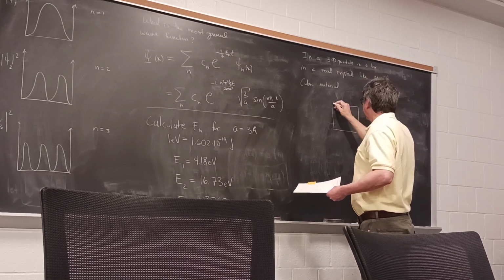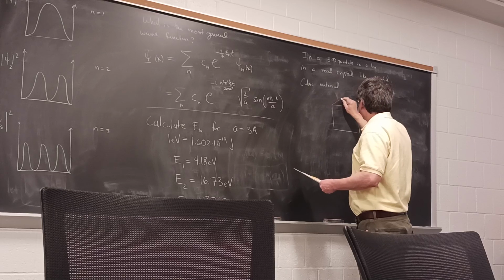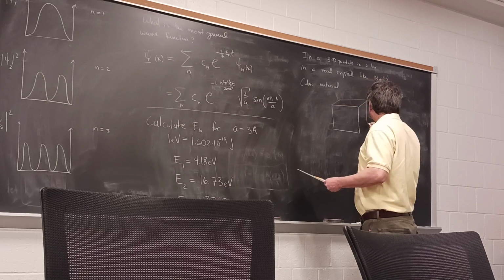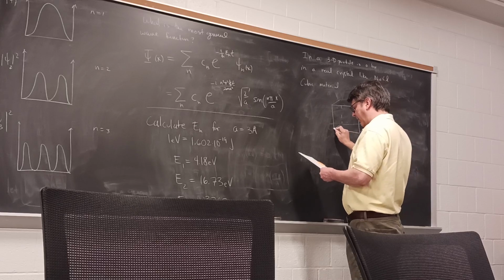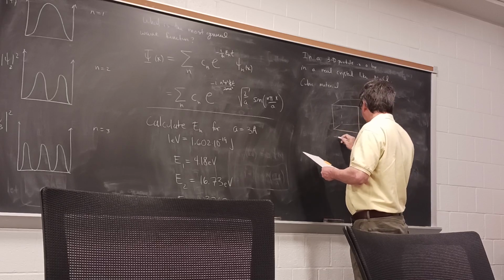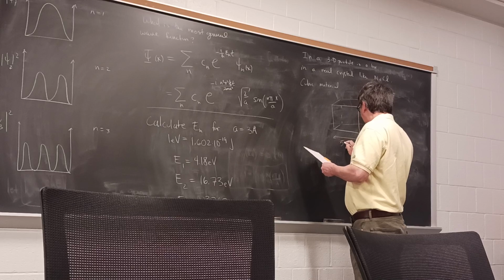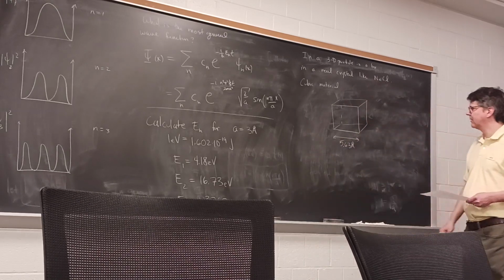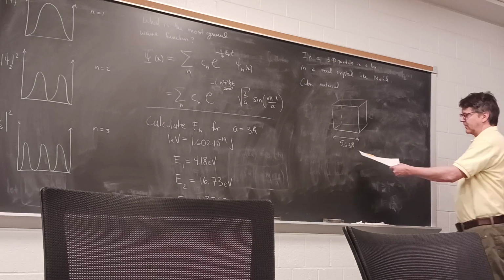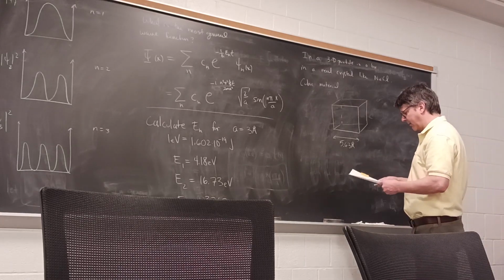We can draw the structure of the cube. This dimension of the cube is about 5.63 angstroms, so it's just a little bit bigger than the example we gave over here.